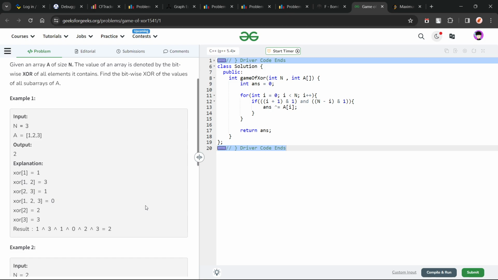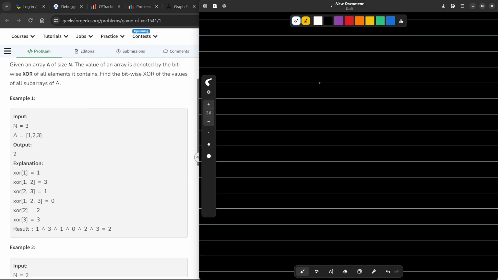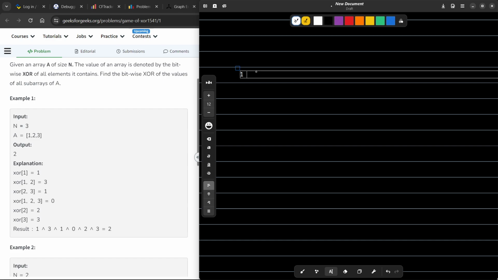So this problem is a bit of an observational problem, and let me just write down one more thing. If you are writing the XOR separately like this, you can also write it like 1 XOR 1 XOR 2 XOR 2 XOR 3 XOR 1 XOR 2 XOR 3 XOR 2 XOR 3. So basically I've done nothing, I've just written all the subarrays together.